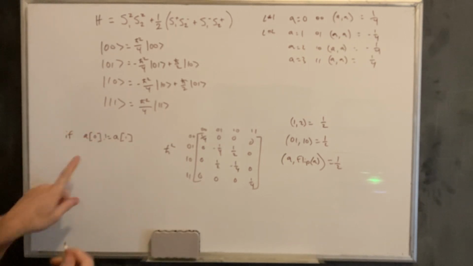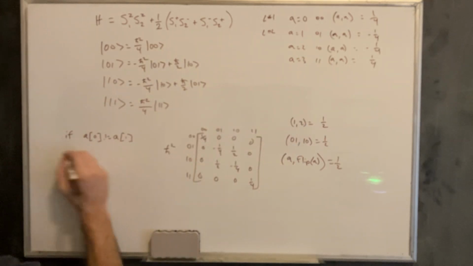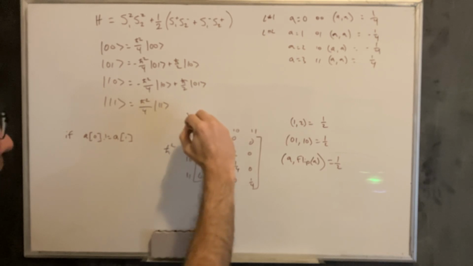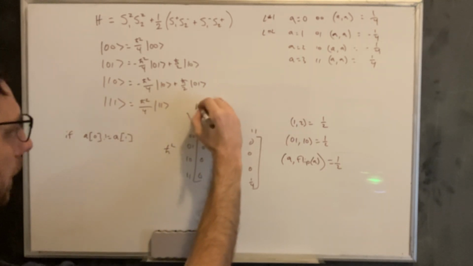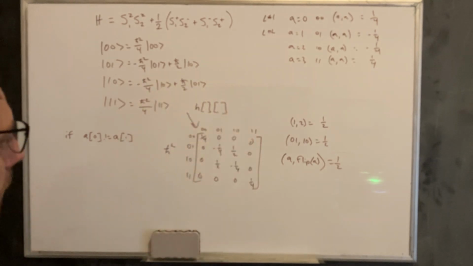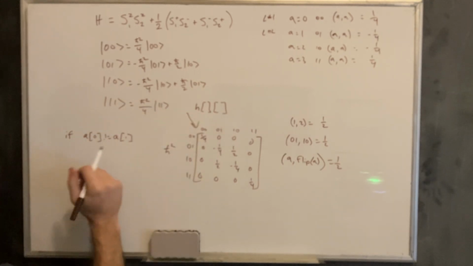If A0 is not equal to A1, first of all, we know that we'll call our end result, this matrix here, a multi-dimensional array, H. We'll call it H.